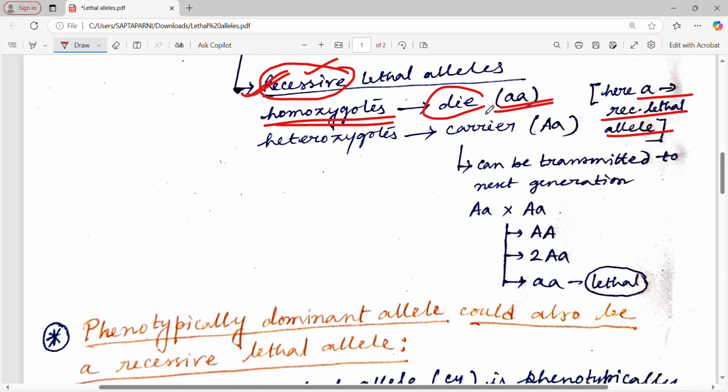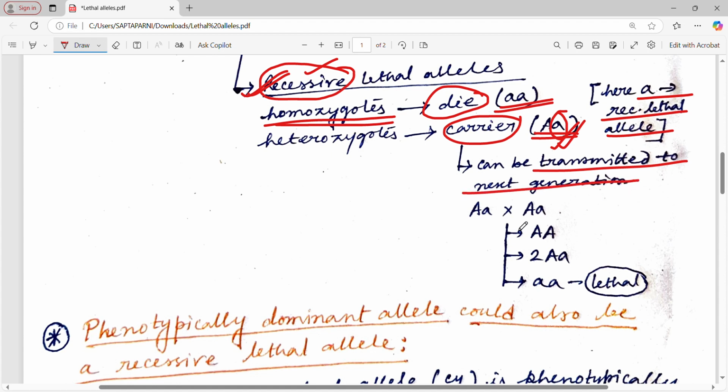Whereas the heterozygote, capital A small a, will be the carrier. It carries the lethal allele small a. It may show some disease conditions too, but it will not die. As it does not die, it can reproduce. So by reproduction, the recessive lethal allele can be transmitted from one generation to the next.